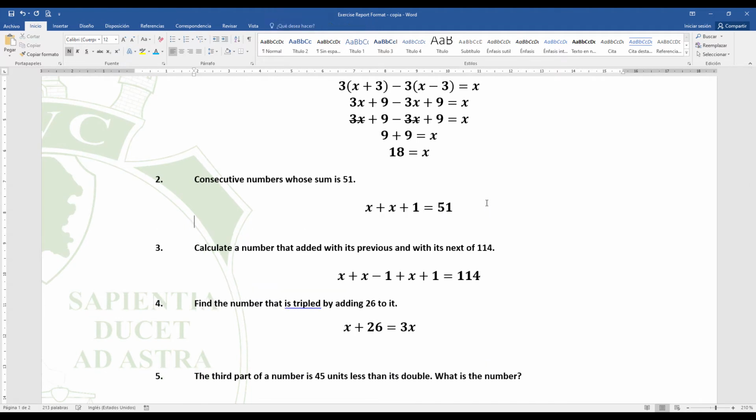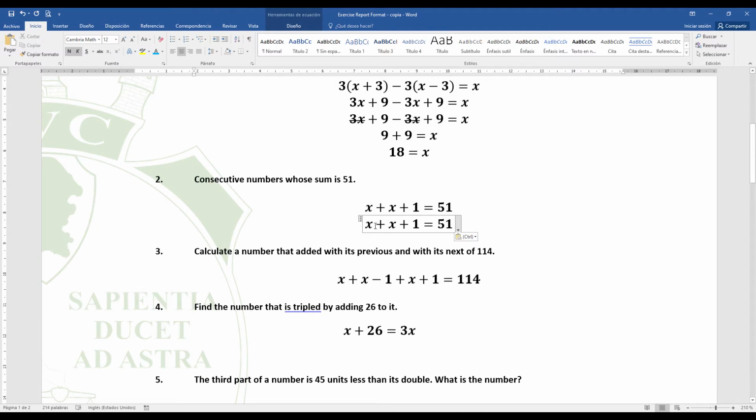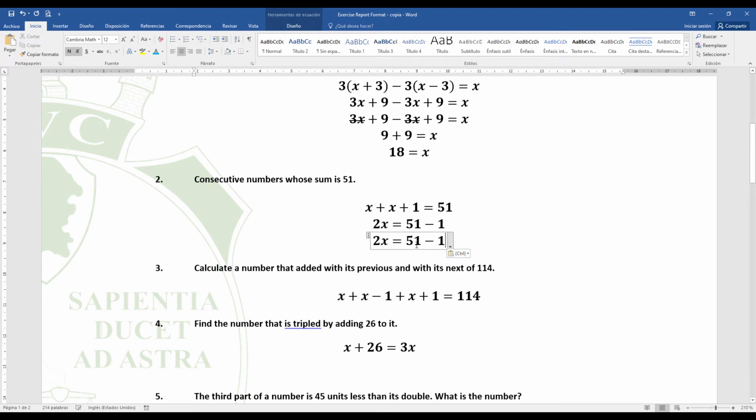Again, you need to carry out the indicated operations. Here, for example, is 2x, and that plus 1 passes like less 1. So you get here 50. And now you need to clear the variable. That term has a coefficient and that variable, so that coefficient multiplies the x or the variable.